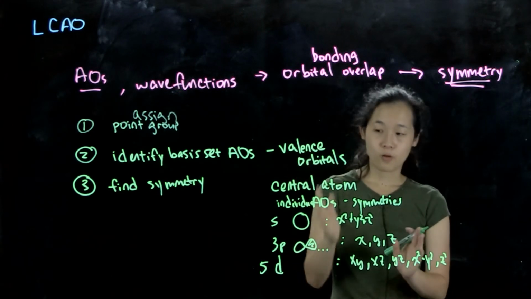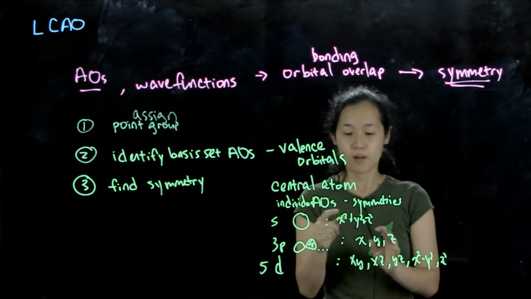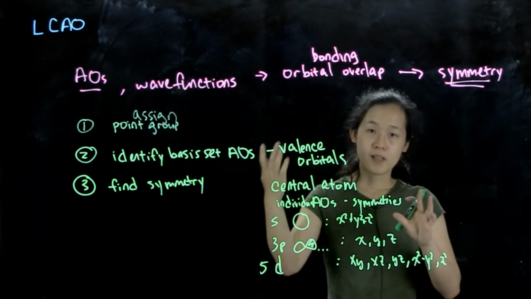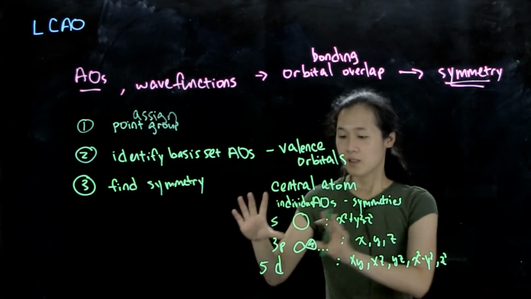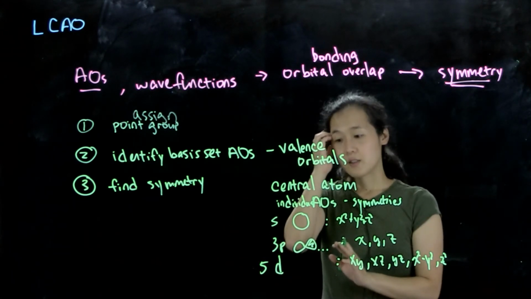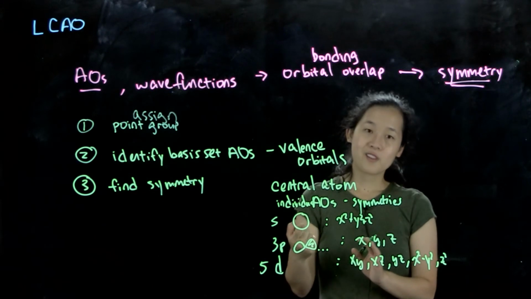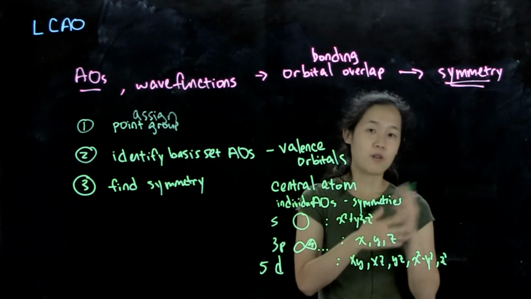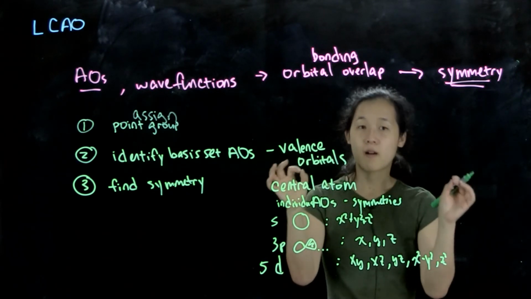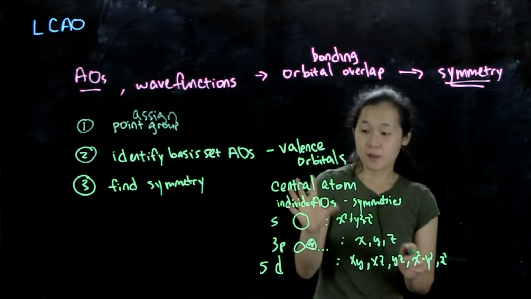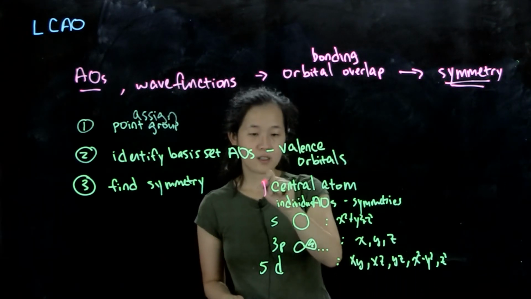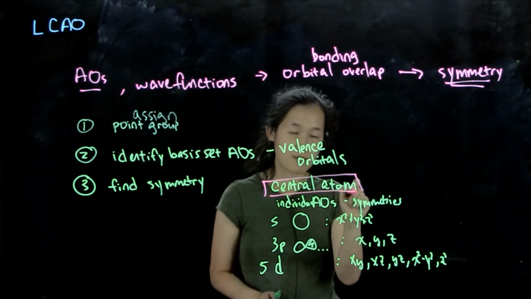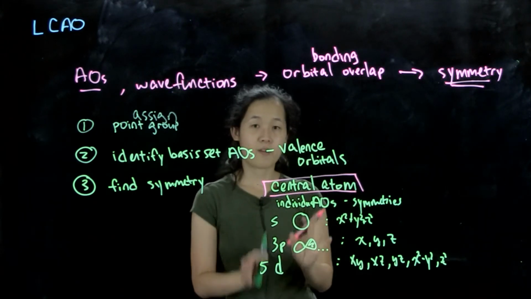If you have non-central atoms, you have to do a different operation to figure that out. Again, the central atom is the one that transforms as those functions.